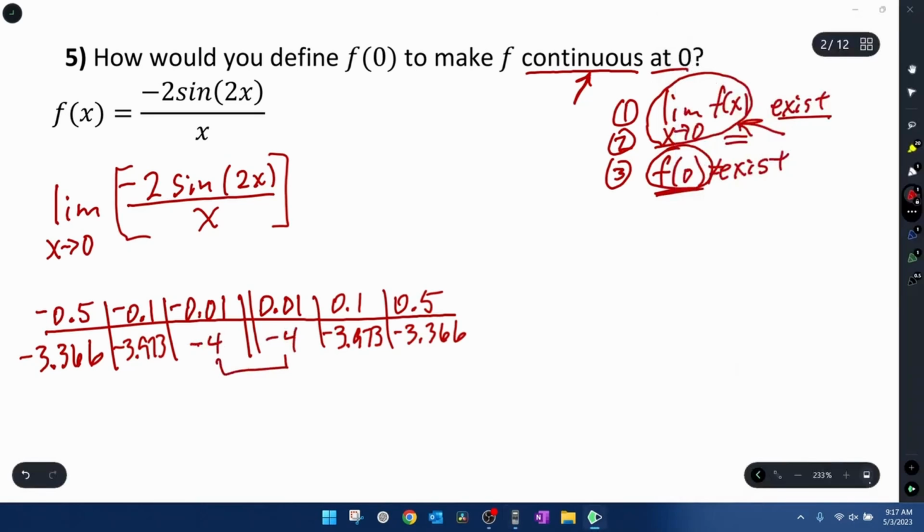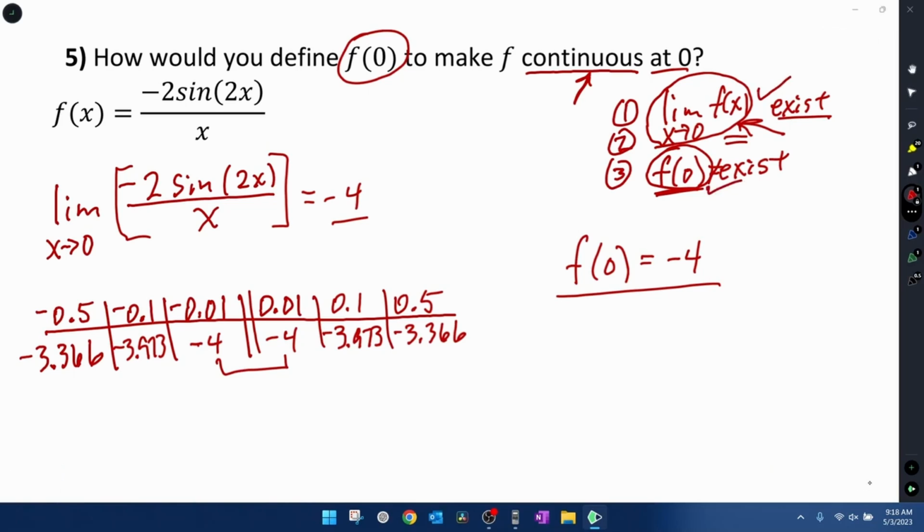And that right there indicates what our limit is. And so that in turn is what we need to define our function as. So f of 0 would need to be defined as negative 4 so that the limit exists, the function value exists, and the limit equals the function value.